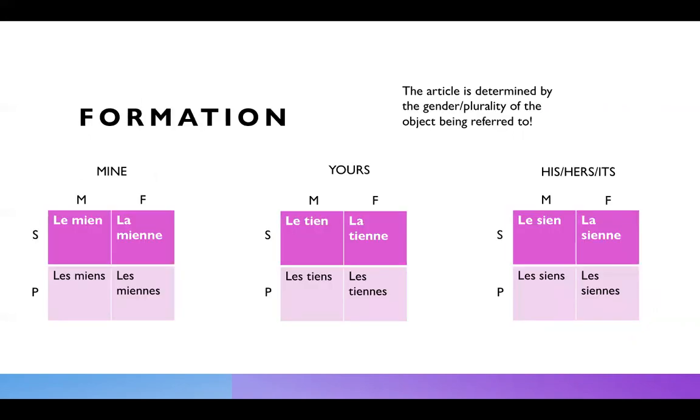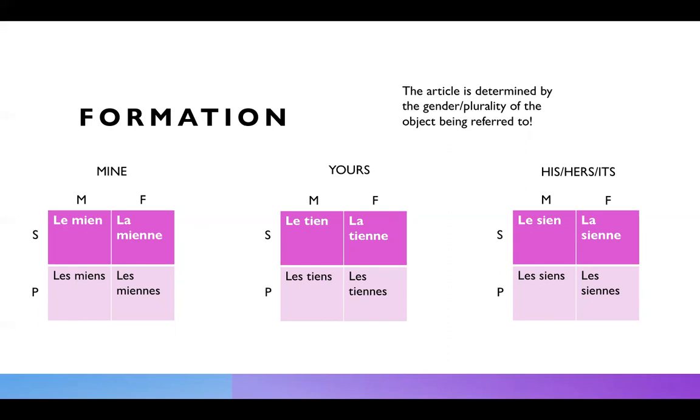So to form these, we can visualize this easily using some little tables. So first, we have to know that the article is determined by the gender and plurality of the object being referred to. So we have mine, yours, and his, hers, and its on this slide. And just to go through one, so let's do mine.